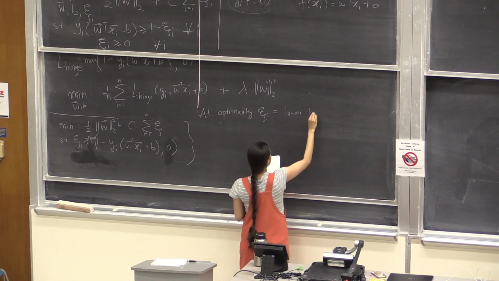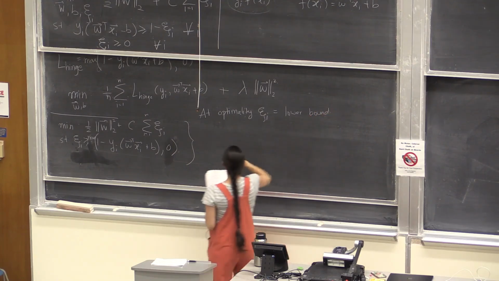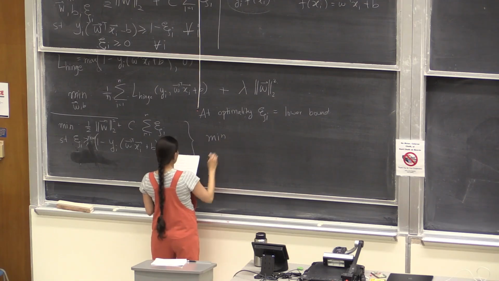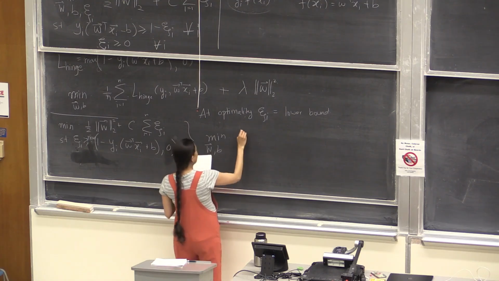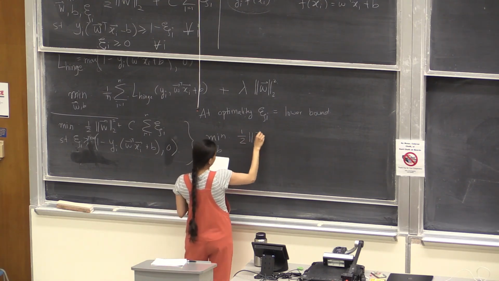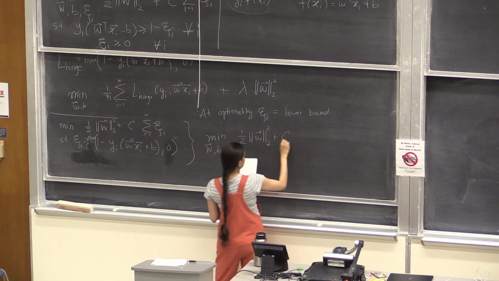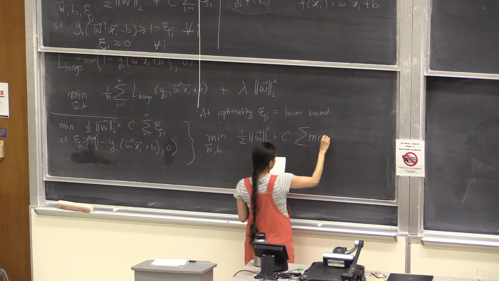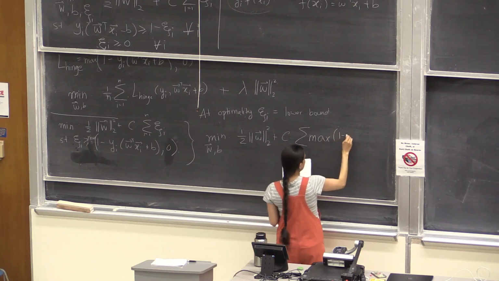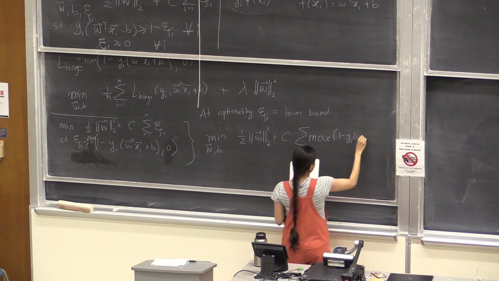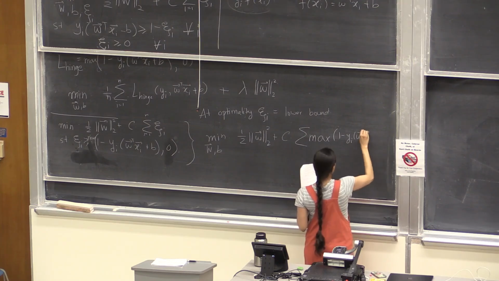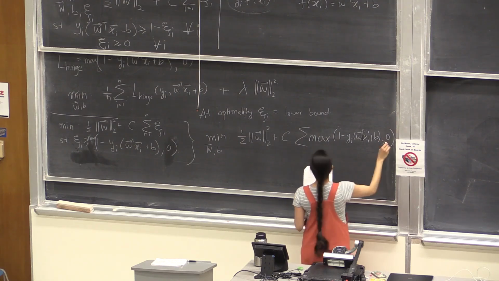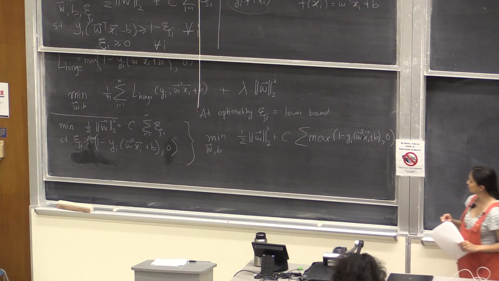and so I can rewrite this as the min over W, comma B, 1/2 right?